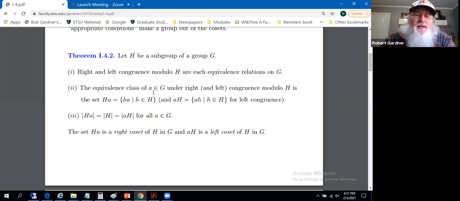The equivalence class of any A in G under right congruence, modulo H, is the following set.